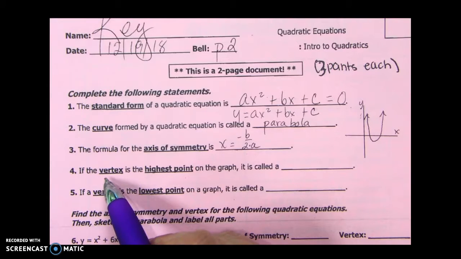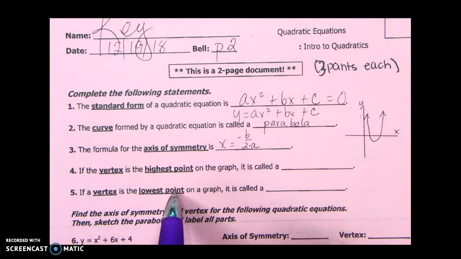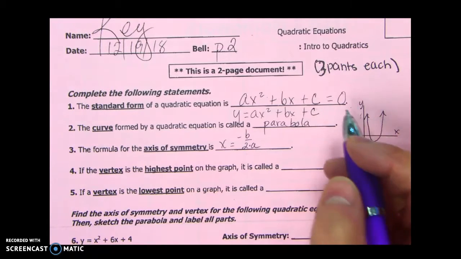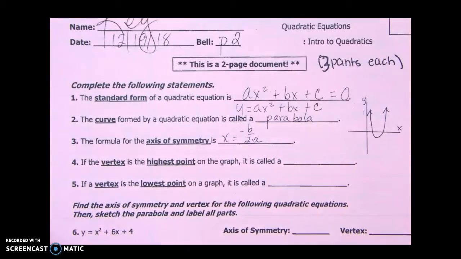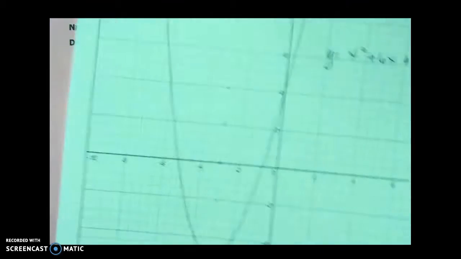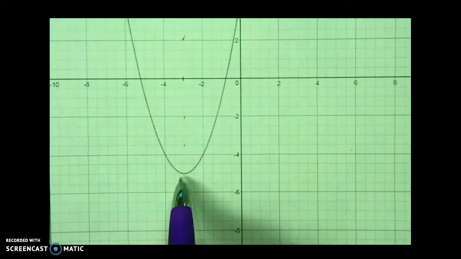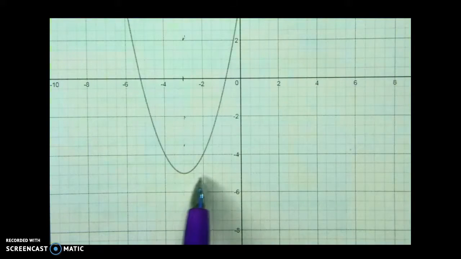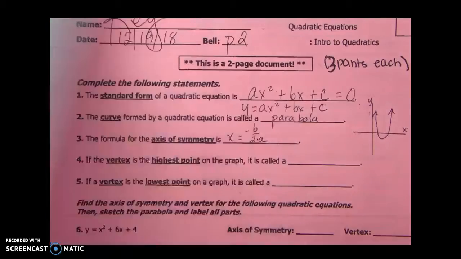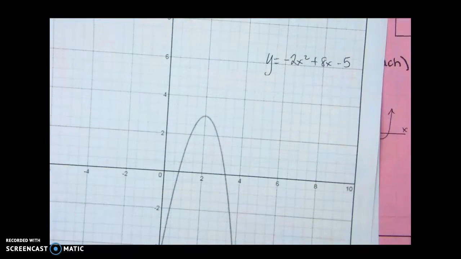Okay, the vertex. If the vertex is the highest point on the graph, it's called a maximum, so that would mean that on this graph, this is our vertex. For this graph, it's going downward. So this is the lowest it goes, that's the minimum. A maximum looks like this.